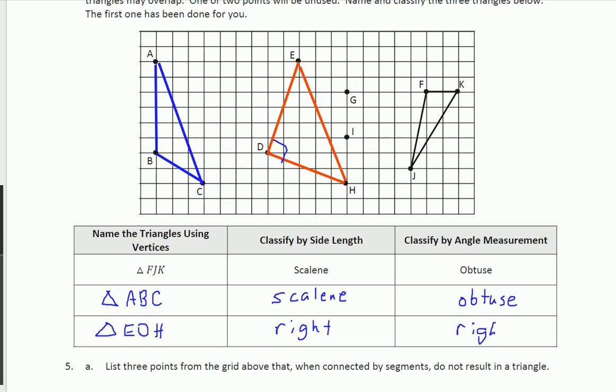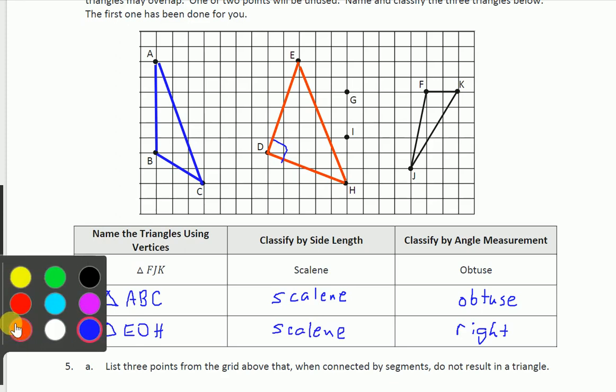The right goes over here, and then in this side, I'm supposed to put that it is once more scalene. All my triangles are scalene. None of them are equal length. Okay, so this one is also a scalene. All right, and then let's continue along.